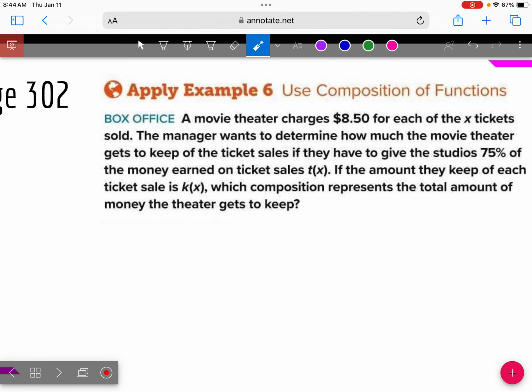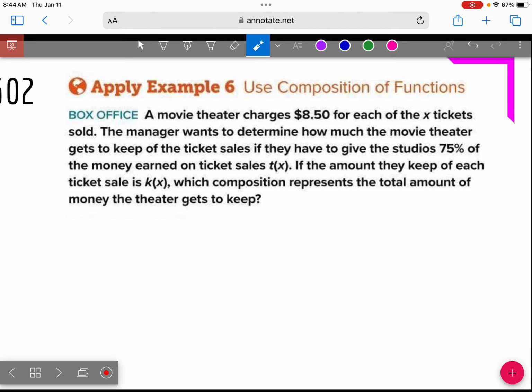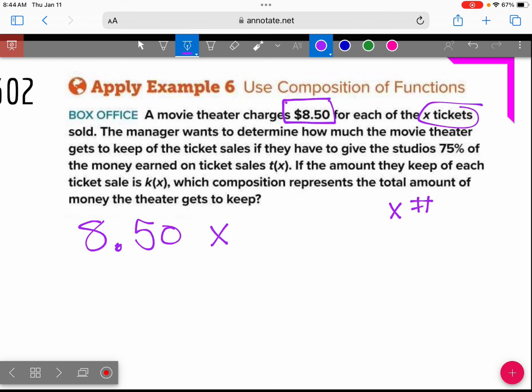What can we do to set this up? There's a few different ways to go. I know it's $8.50 for every ticket. If X is our number of tickets, because that's what they said up here.